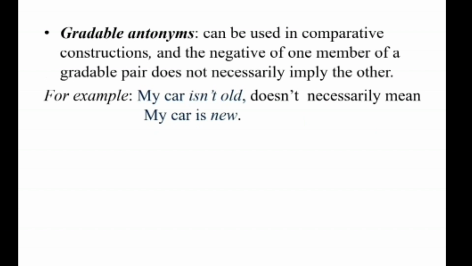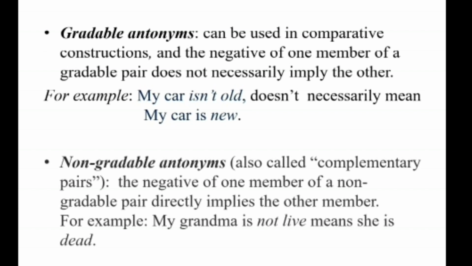For example, if you say my car isn't old, it does not necessarily mean that my car is new. Or if we say the weather is not cold today, it does not necessarily mean that it's hot. It could be cool or warm and so on. So they are relative in their sense.